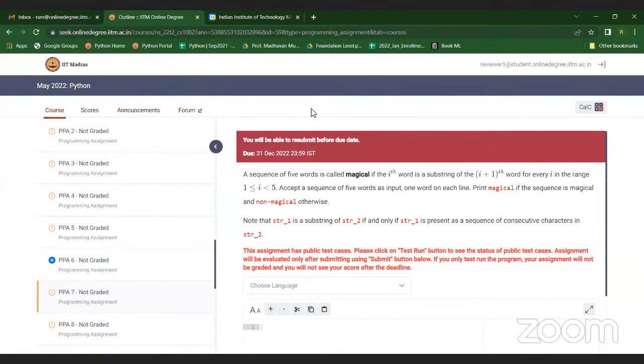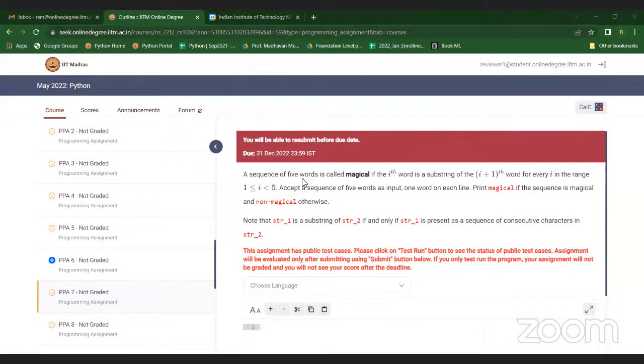No, sir. Could you explain one more time, please? I hope you did not understand the part of substring, so I'll explain substring first. Consider the word magic, and then another word, magical.